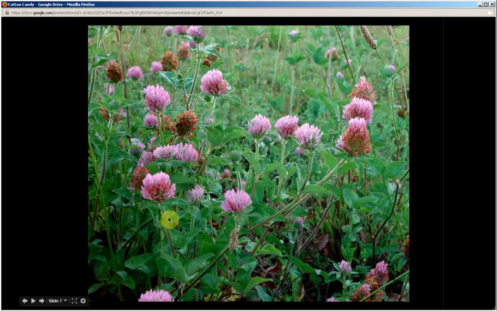This picture shows us how some of the stems, here we see that the stems are somewhat pubescent or hairy.